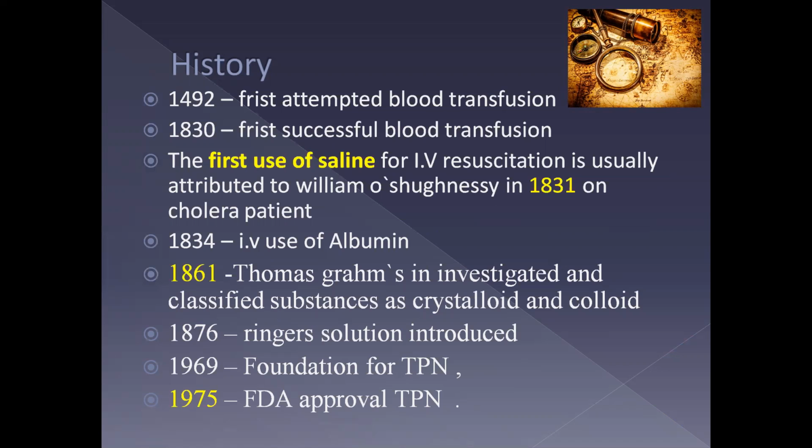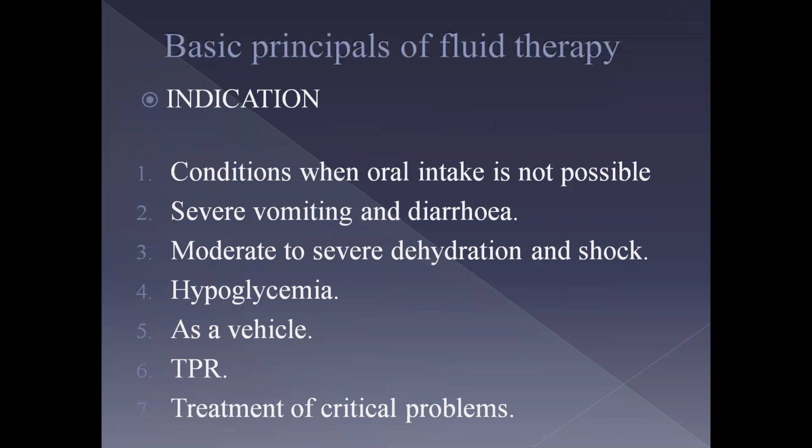In 1861, Thomas Graham investigated and classified substances as crystalloid and colloid on the basis of the transmission of the fluid across a semi-permeable membrane. In 1876, Ringer's solution was introduced. In 1975, FDA approval of total parenteral nutrition was done.